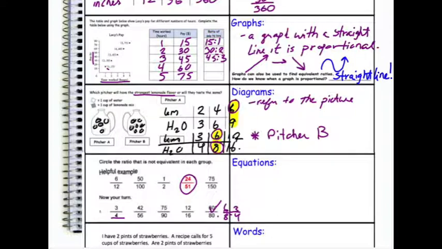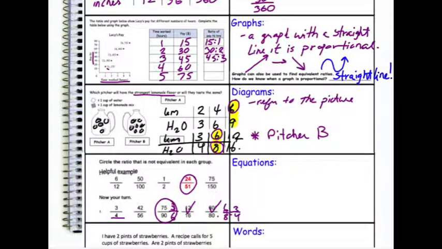So I'm good here. 12/16 is also 3/4. 75/90, I need to make this a little smaller in order to understand, so I'm going to divide by 15, which gives me 7 over, wait, I don't think that's 7. I think that gives me 5 over 6, which is not equal to 3/4. So I know 75/90 is not an equivalent ratio.